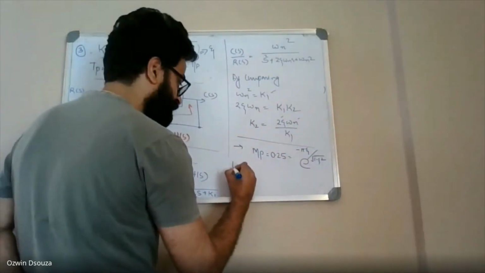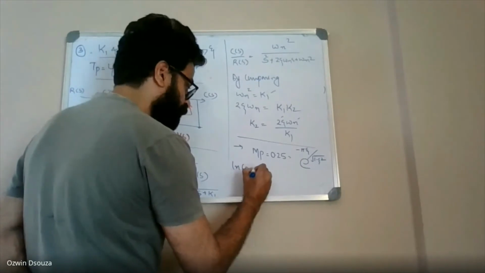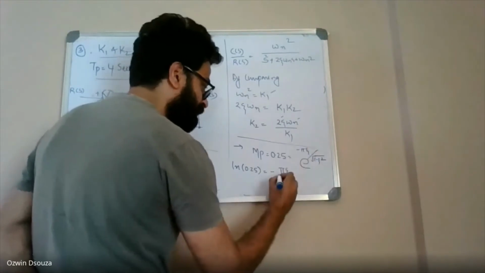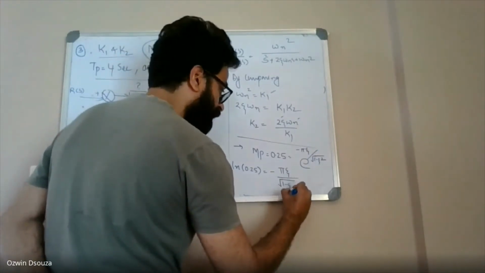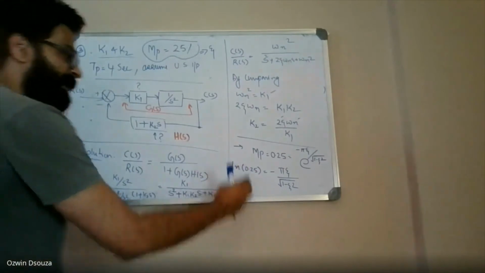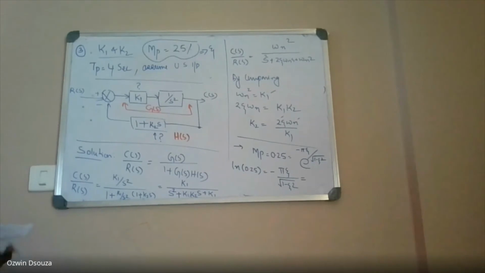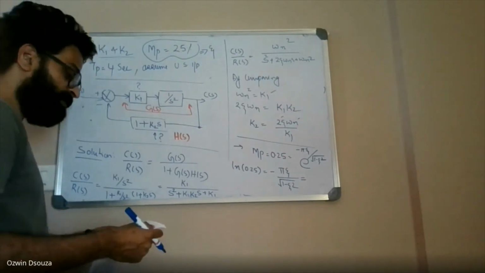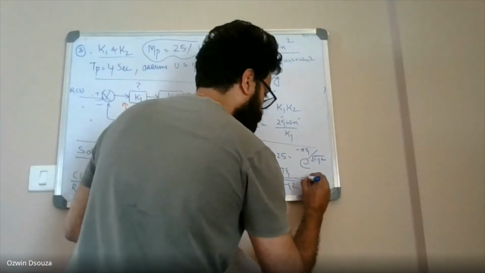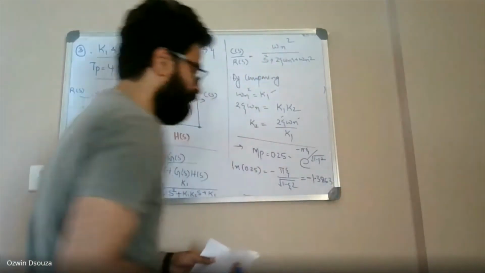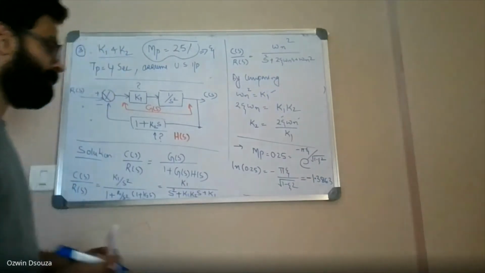On LHS it becomes ln of 0.25, which is equal to negative pi zeta divided by under root 1 minus zeta square. ln 0.25 is negative 1.3863.